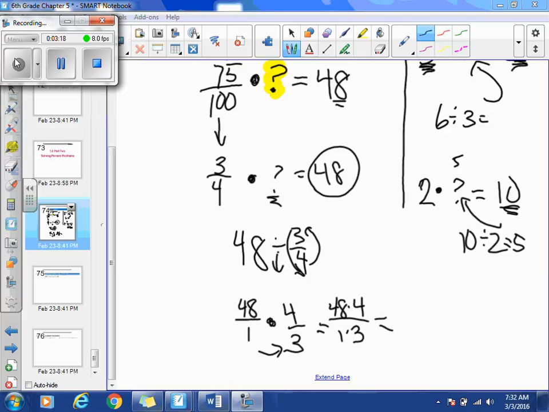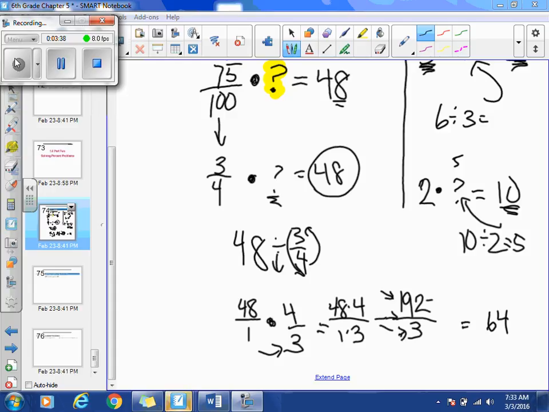Now just multiplying my numerators and multiplying my denominators, I used a calculator, and you can too, to help figure out that 48 times 4 is 192. 1 times 3 is 3. Then if I take 192 divided by 3, I would get 64. The fraction bar means divide, numerator divided by denominator.